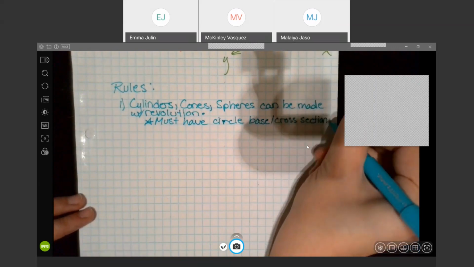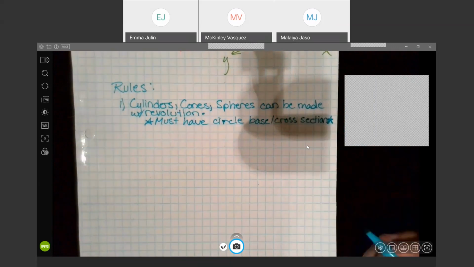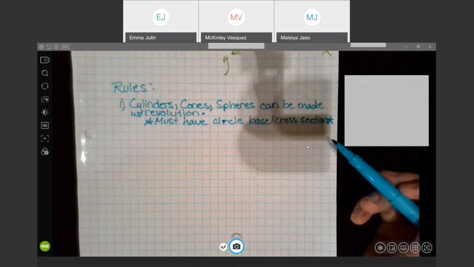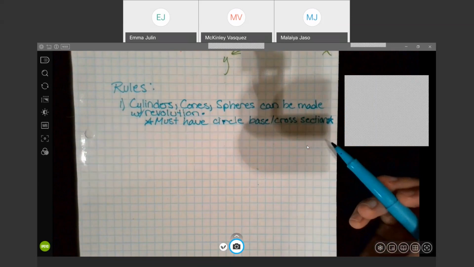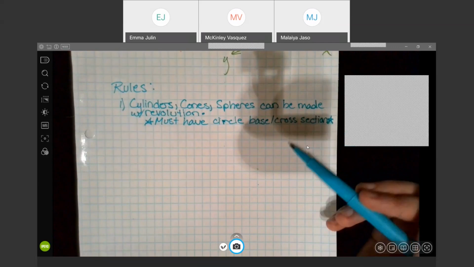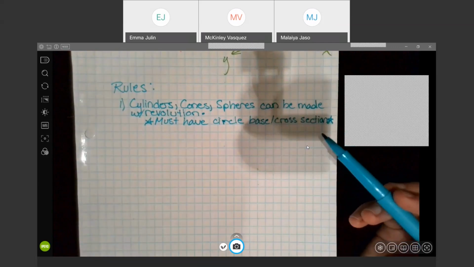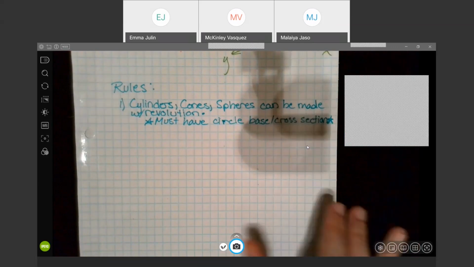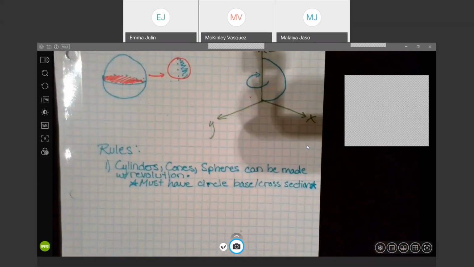This part is so important. Notice how we didn't have anything like a cube or a square pyramid or pentagonal pyramid. This is what makes revolutions happen. When you spin something around, it always goes in a circular motion. So anything you're working with that you're trying to revolve around in math will typically need a circular or a curved pattern to it.